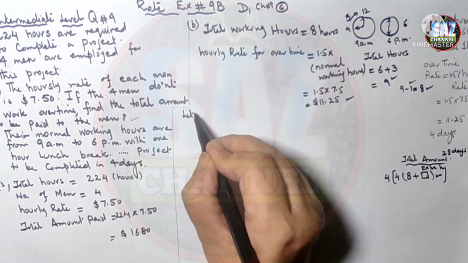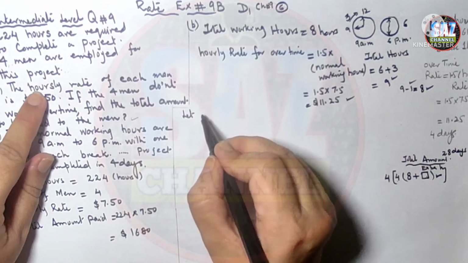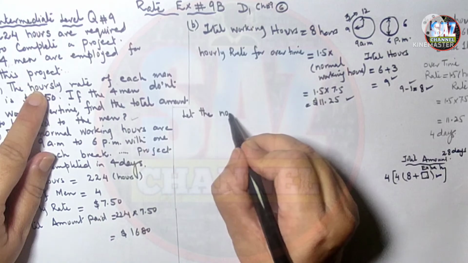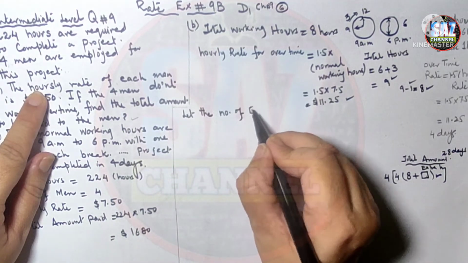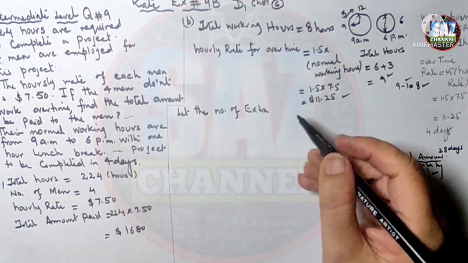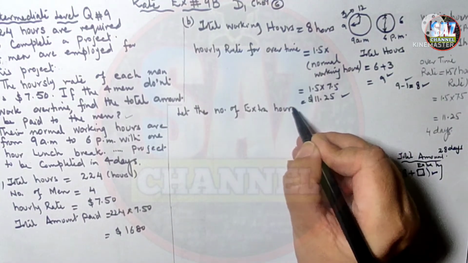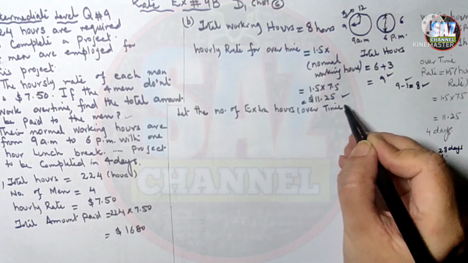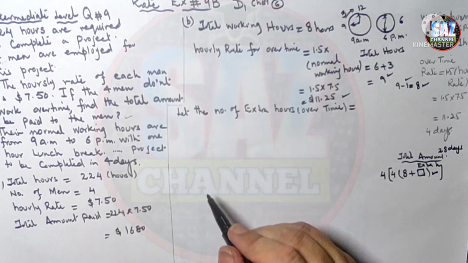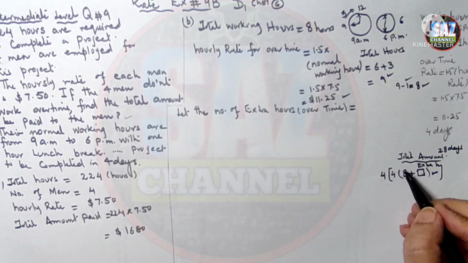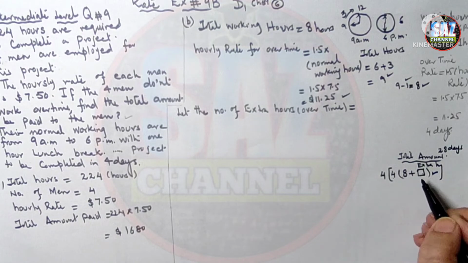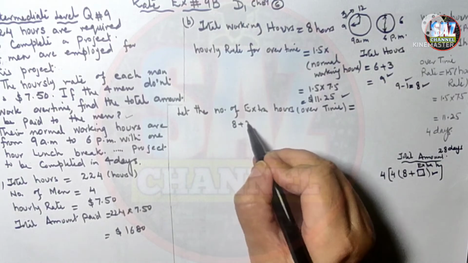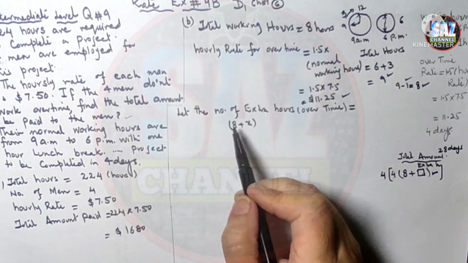Let the number of extra hours or overtime be x. The 8 hours a man was already working, he has to work more, so 8 plus x is the expression for one man.